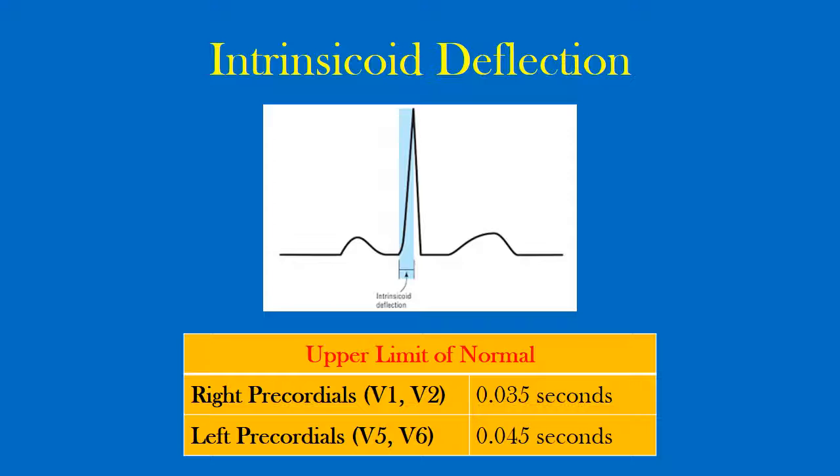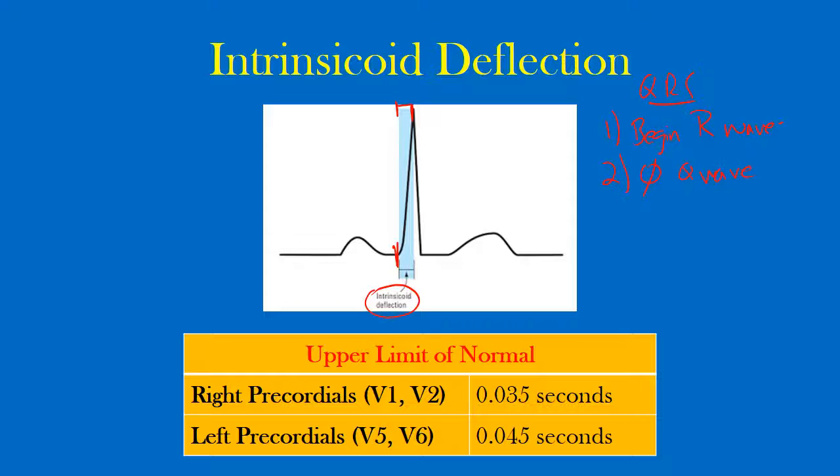So the criteria are, one, the QRS complex must begin with an R wave, and two, it does not contain a Q wave. Both have to be met for the QRS complex to be called an intrinsicoid. So this is our intrinsicoid deflection: the beginning of the QRS complex to the beginning of the negative slope. So from here to here.